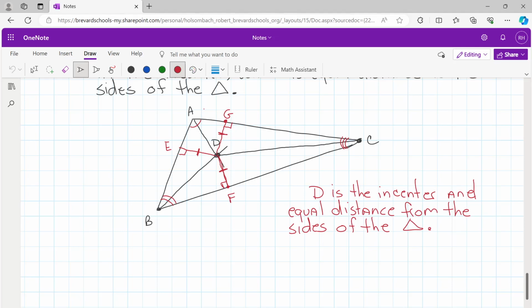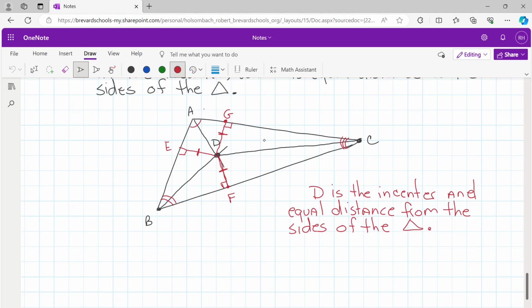So let's look at some of these questions they give you on page 328. Find each measure if J is the incenter. All right, so we're going to find each measure in this triangle if D is the incenter. And let's go with this D to C here.